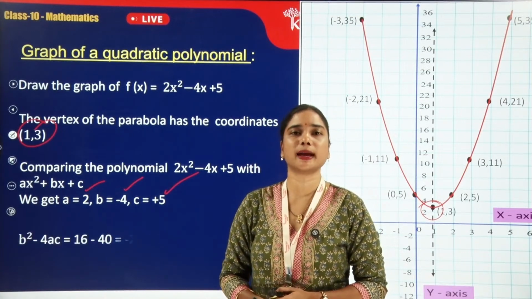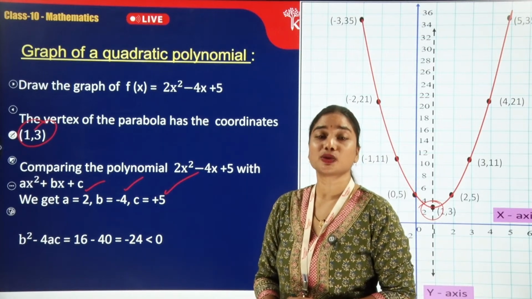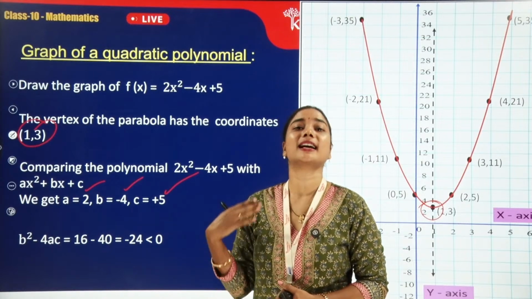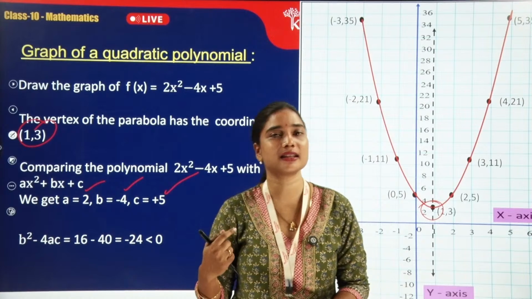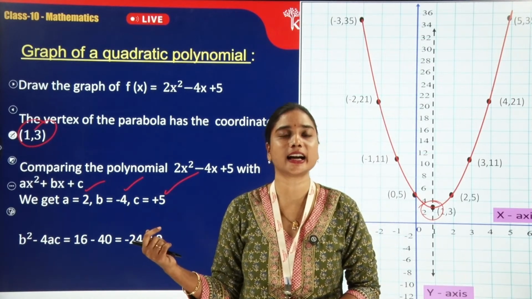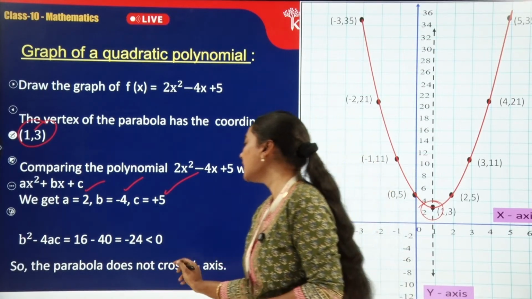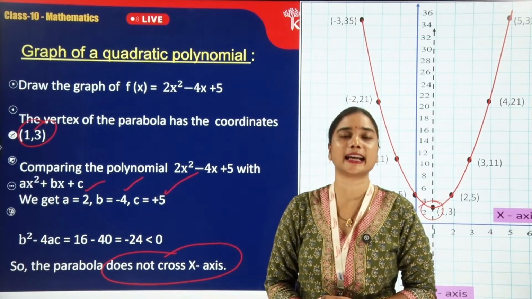Find b square minus 4ac. So here b square minus 4ac is negative, -24, which is less than 0. If b square minus 4ac is less than 0, the given quadratic polynomial doesn't contain any real zeros. So that's why the parabola is not touching or crossing the x-axis.